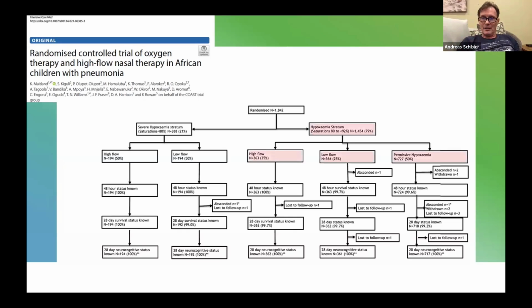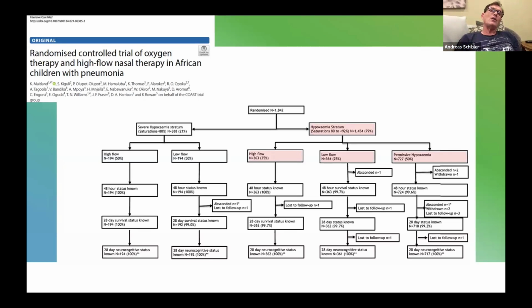I show this in this flow diagram. So this was the hypoxemic stratum, children between 80 and 92% oxygen saturation on presentation. And those children received either high flow oxygen, low flow oxygen, or nothing.